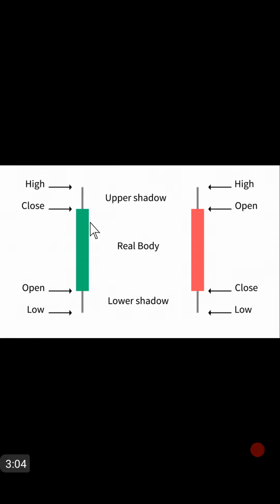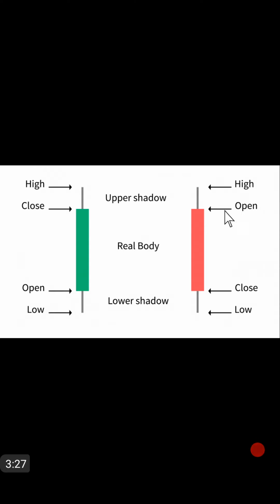Now, why is this a bullish candlestick and why is this a bearish candlestick? This is a bullish candlestick because it opens below and closes above. Please take note. It opens below and closes above. That's why it's a bullish candlestick. But this is a bearish candlestick because it opens above and closes below.